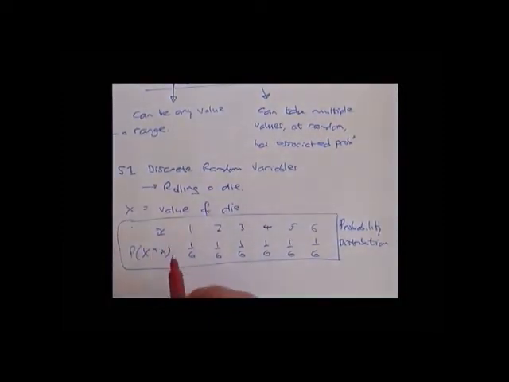The capital letter is the name of your random variable, and the lowercase are the values it can take, okay? So uppercase was used for the name of the random variable, and lowercase was used for its values.